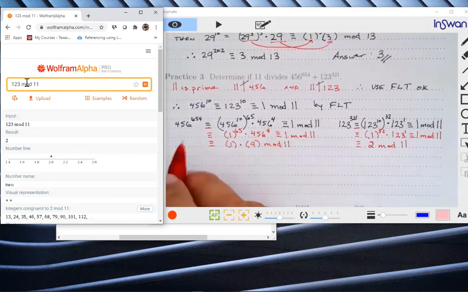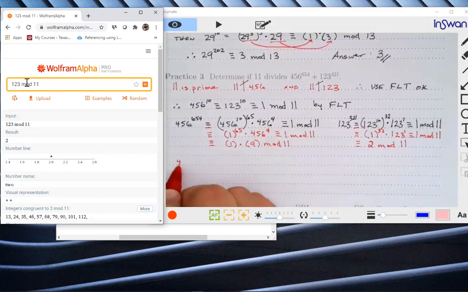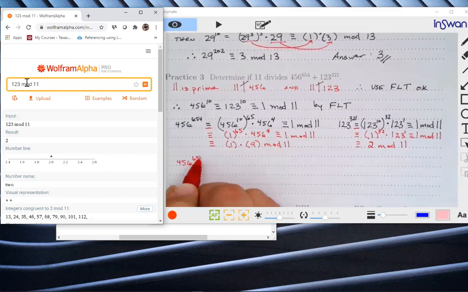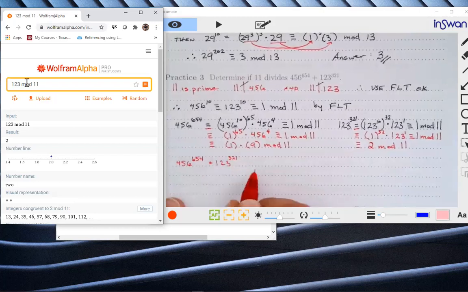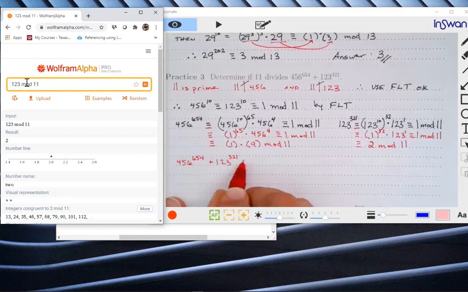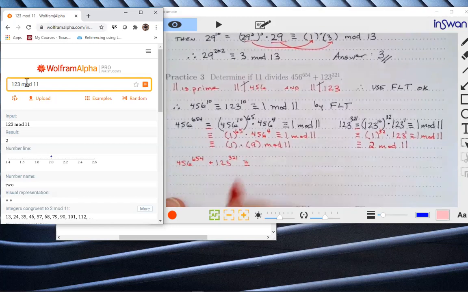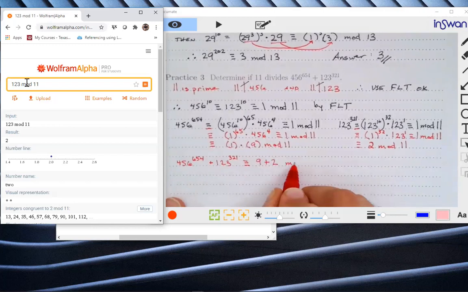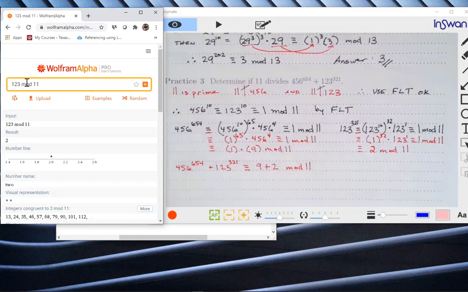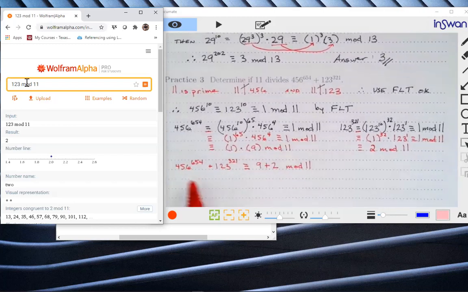Okay. Now, where do I go from here? Well, I know that 456 raised to the 654 plus 123 raised to the 321 must be equivalent to 9 plus 2 mod 11, because 456 raised to the 654 is 9 mod 11, and 123 raised to the 321 is 2 mod 11.